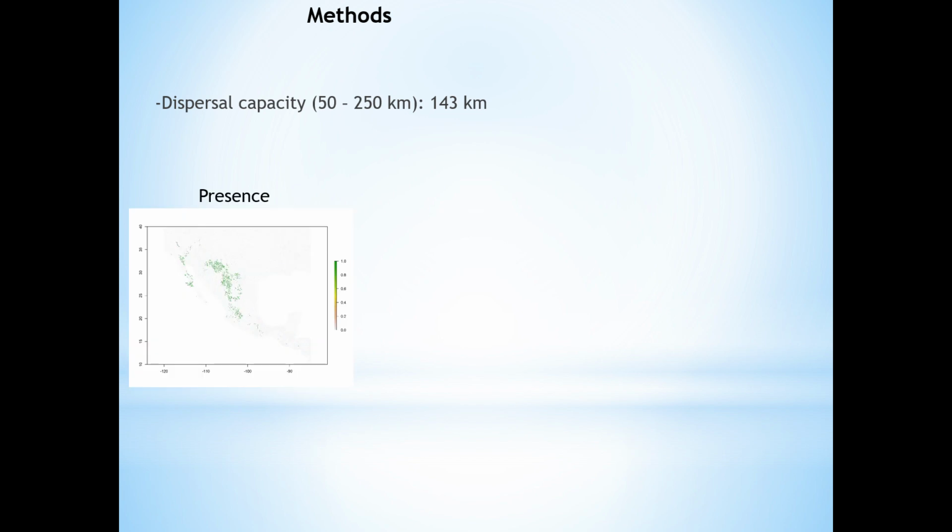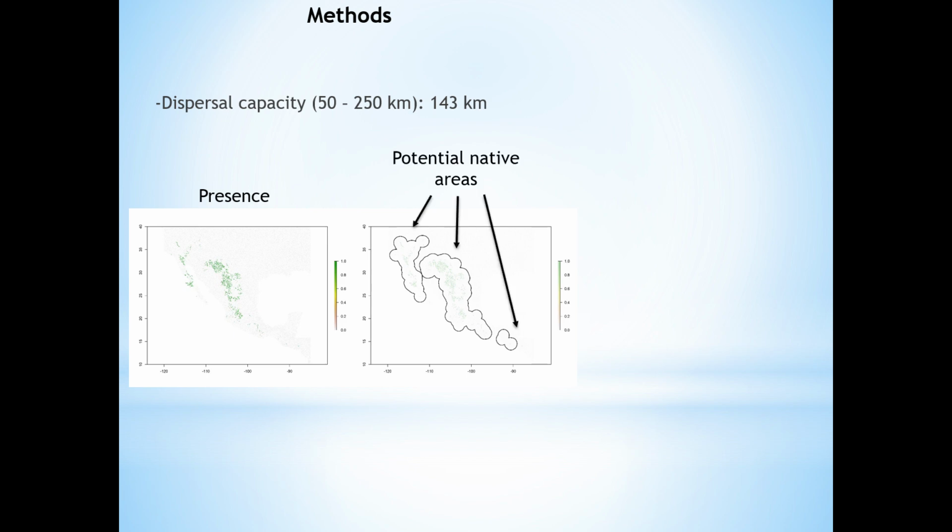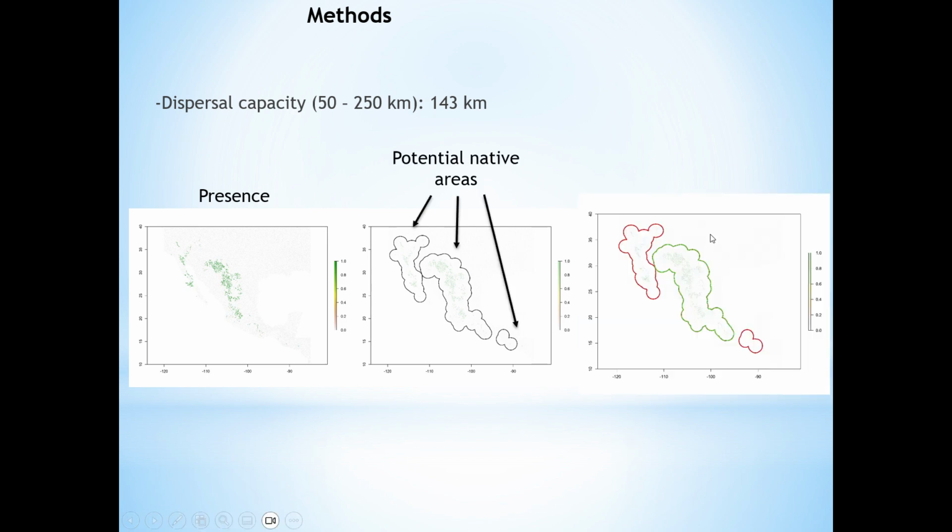After this, presence points were selected from the environment as a function of the occurrence probability. To define the native range, we assign a dispersal capability at random, with values within this range, which for this species was 143 kilometers. Potential native areas were simulated by selecting presence points within the species dispersal ability, and randomly selecting one as the native area, which is shown here in color red.